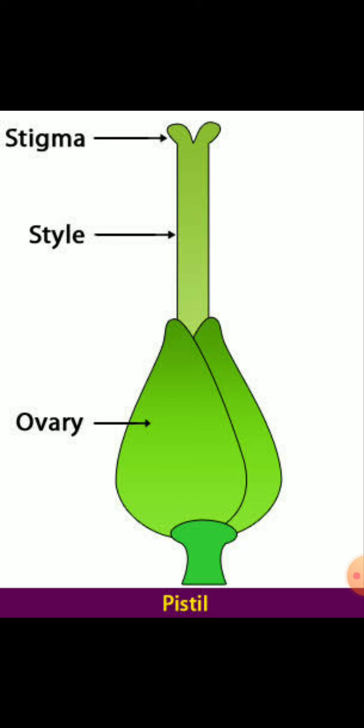If the pollen grain is transferred from one flower to another different flower, then it is known as cross pollination. Simply, what you need to remember: in self pollination, the transfer of pollen grains to the stigma is in the same flower. In cross pollination, there is transfer of pollen grains from one flower to another flower. Now you will be thinking how this cross pollination can occur from one flower to another.